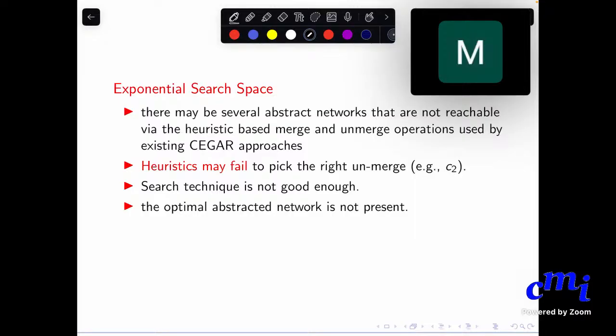To address Diganta's question about this exponential search space: given the original neural network, if there are a certain number of nodes in a given layer, then when we come up with an abstracted neural network by this merging unmerging technique or any other, we are reducing the number of nodes in a particular layer from the original neural network to the abstracted one.